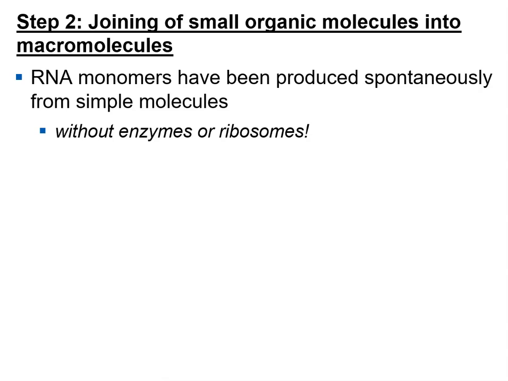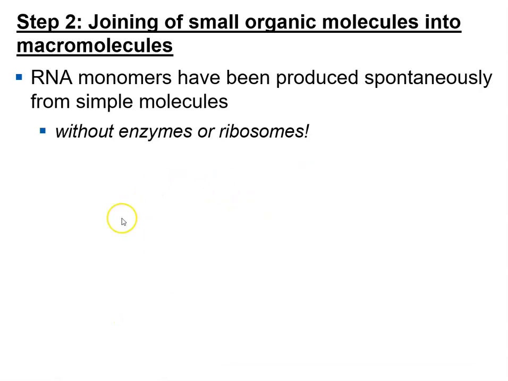And this can be done without enzymes or ribosomes that would have come later in the progression of the simpler molecules to the more complex and ultimately the cell. So first would have been RNA monomers, and then later on the other more complex molecules like enzymes and ribosomes.